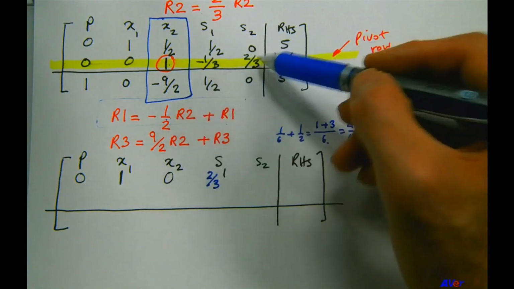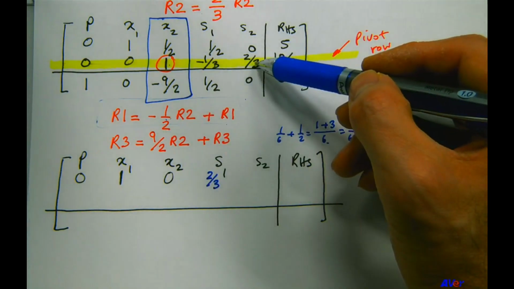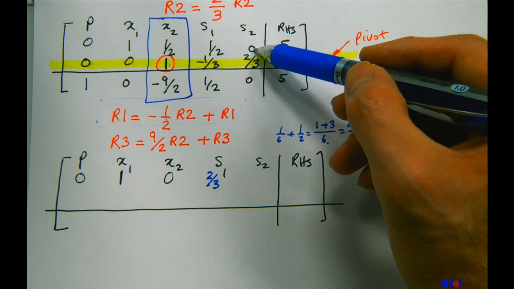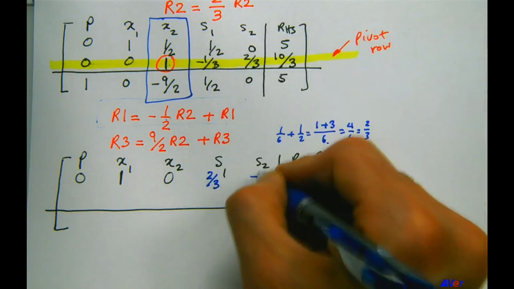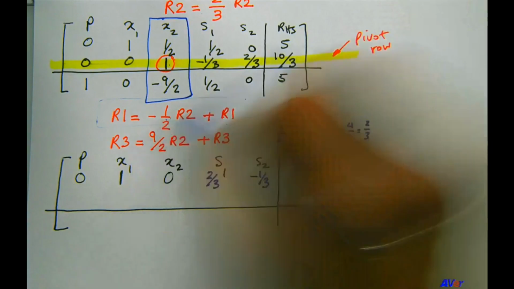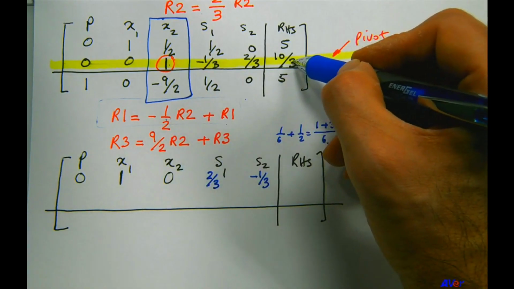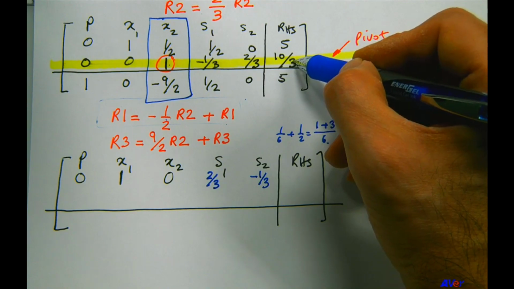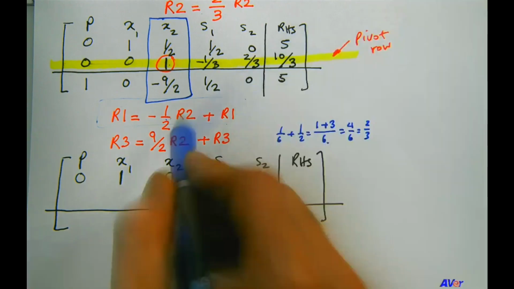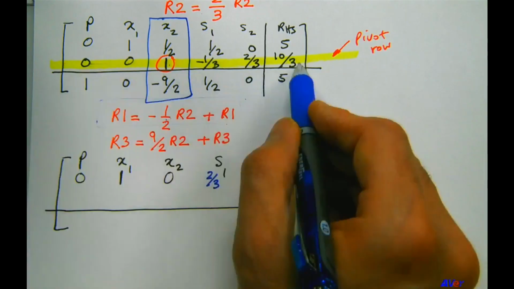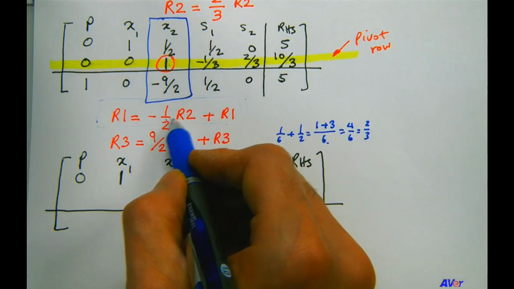Minus 1/2 times 2/3 is minus 1/3. Minus 1/3 plus 0 is minus 1/3. Now minus 1/2 times 10/3 in row 2, that's what this is saying we should do.